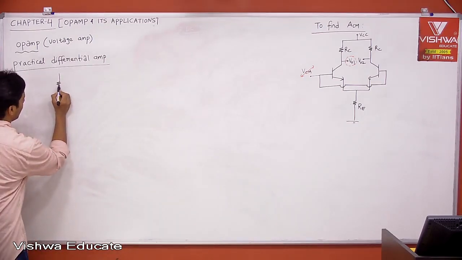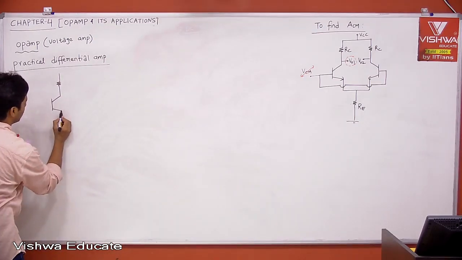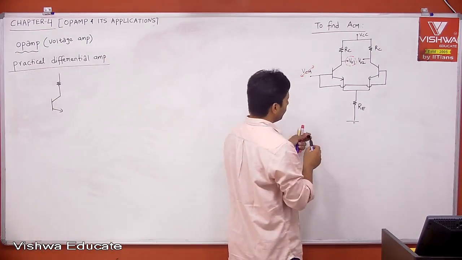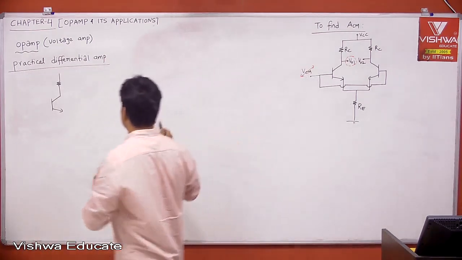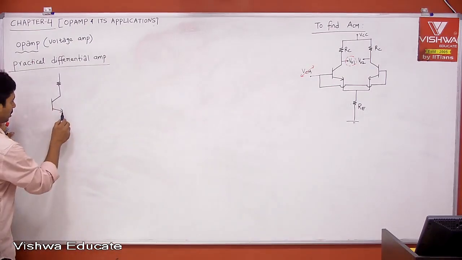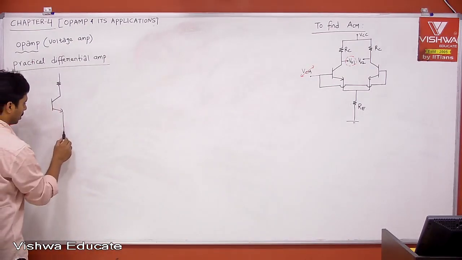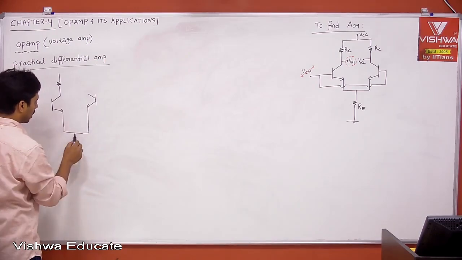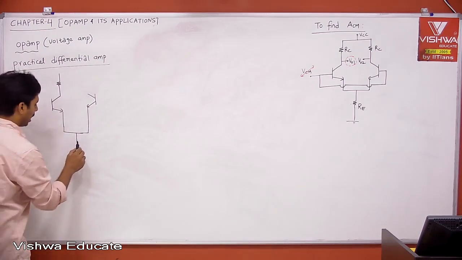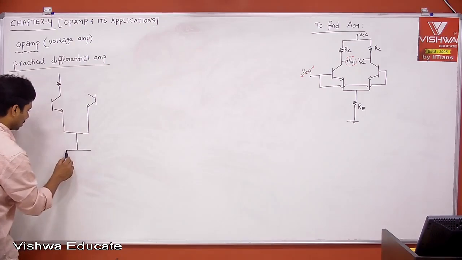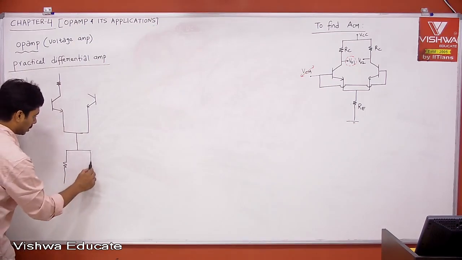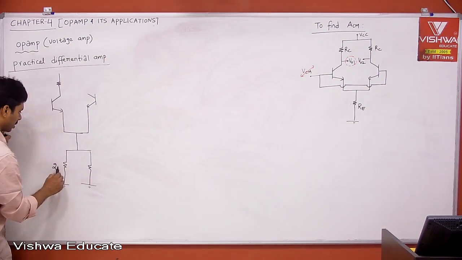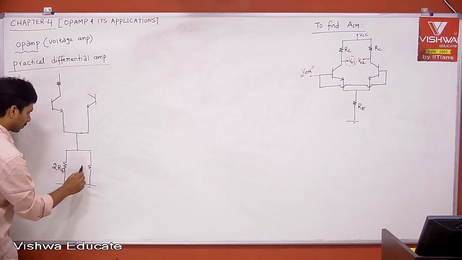This is your RC, and this is your transistor. Can I write that RE as two parallel resistors, but each is 2 RE?